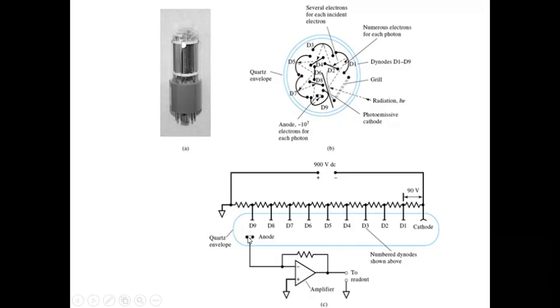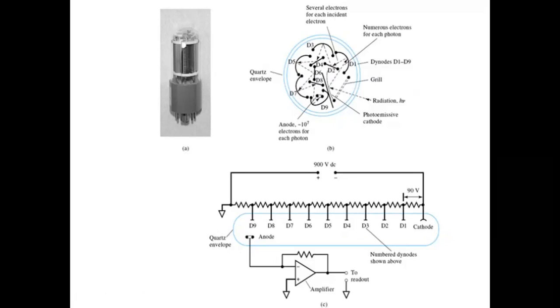When the electrons come to the anode, the signal will transfer through this amplifier and go to the readout device. Okay, so that is what is happening in the photomultiplier tube.